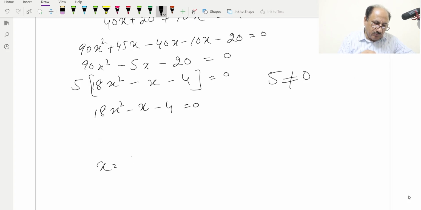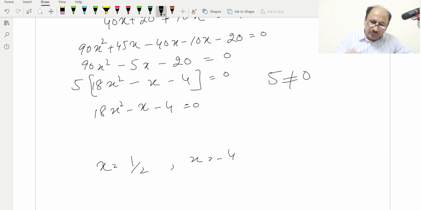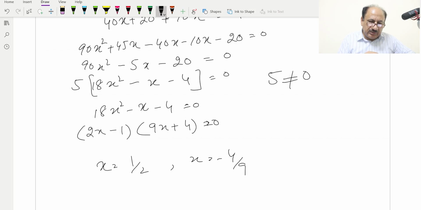So x is equal to 1 by 2 and x is equal to minus 4 by 9. Now we can write the intermediate step for the examiner. So this will be 2x minus 1, and this will be 9x plus 4 is equal to 0, and we can double check: 18x, and this will be 8x, and this will be 9x.